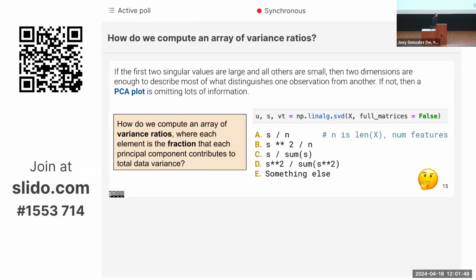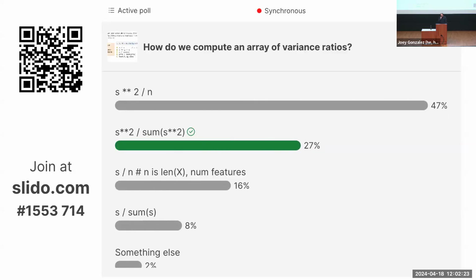I want to make that scree plot. In this y-axis, I want to have the ratio, the fraction of the total variance explained by each of the principal components. Right, you're close.